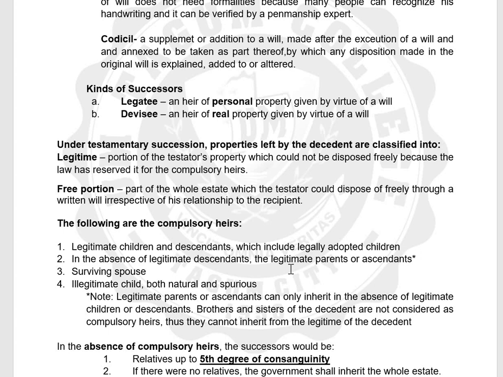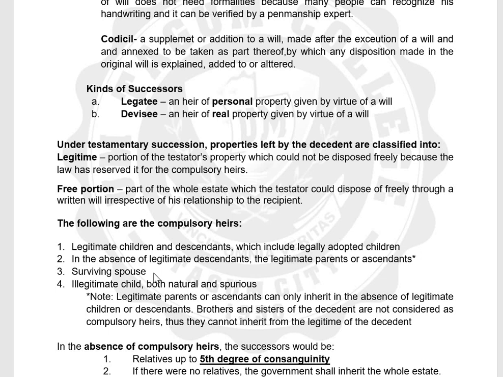Okay, meaning to say maka-receive lang si parent pag walang anak si decedent. Meaning to say walang legitime si parent or ascendants pag si testator is may legitimate descendants.